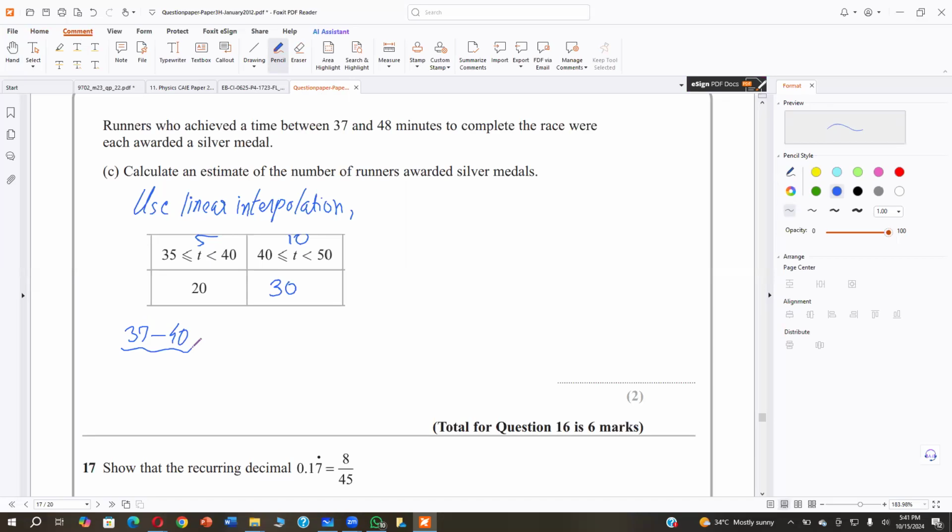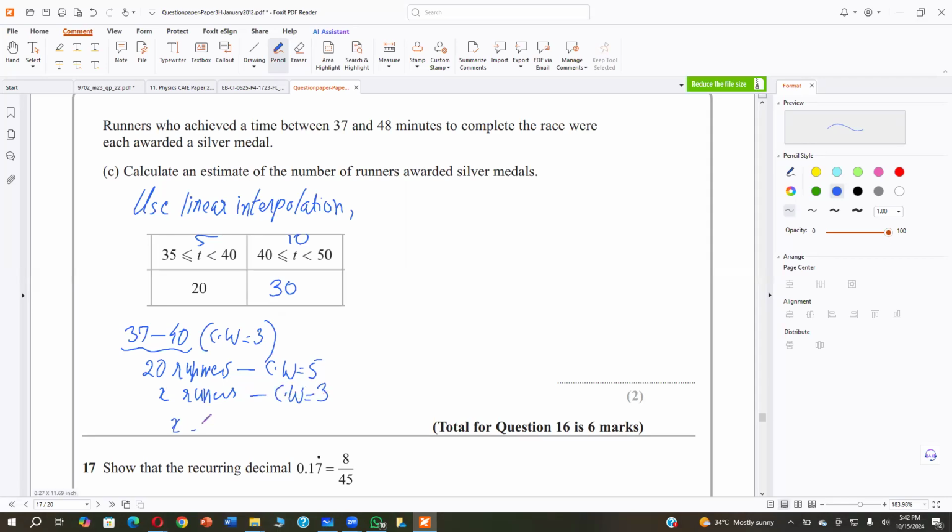Now there are 20 runners in the range of 5. So how many people will be in the range of 3? There are 20 runners when class width is 5. In this case, the new class width is only 3. So runners would be X when class width is 3.